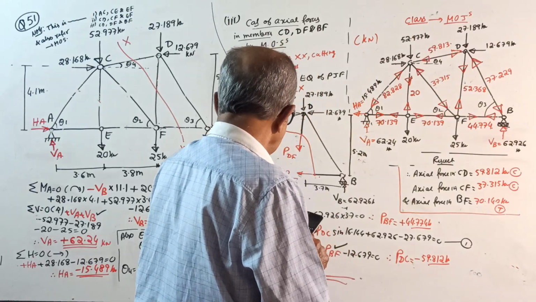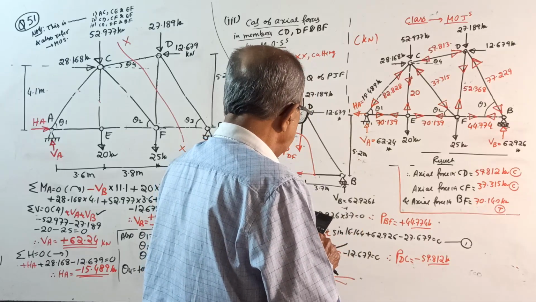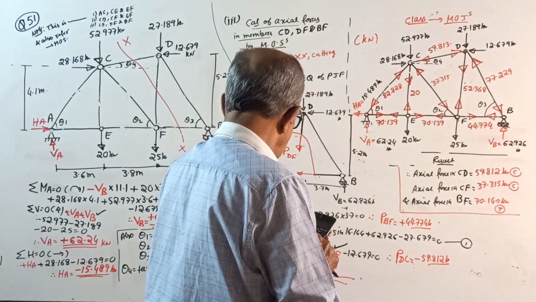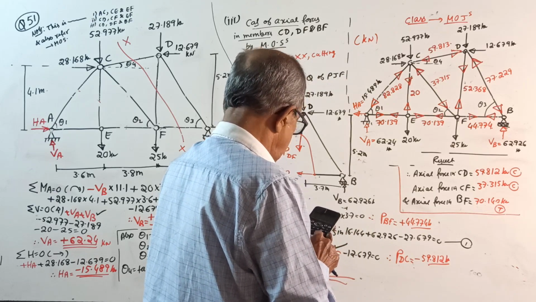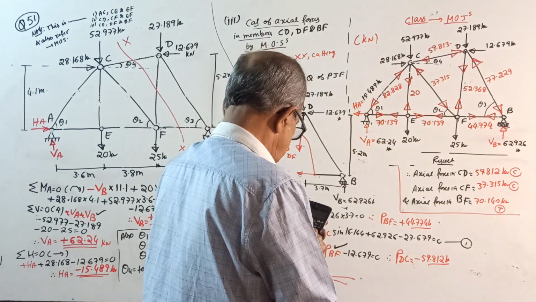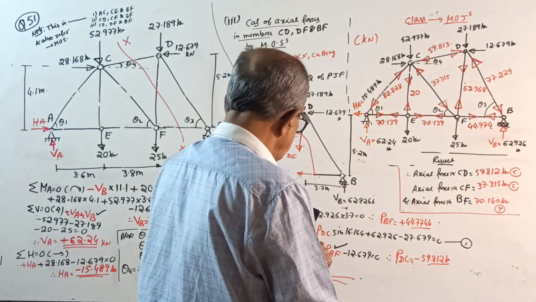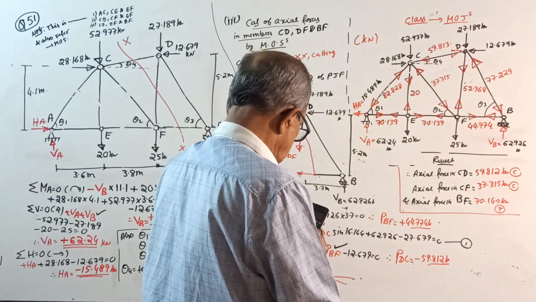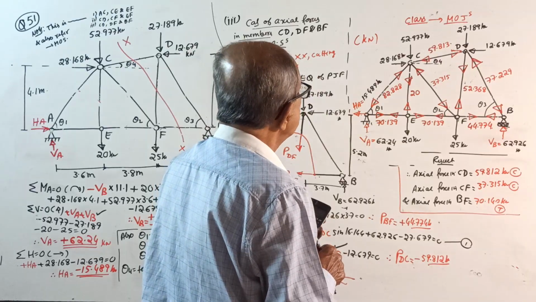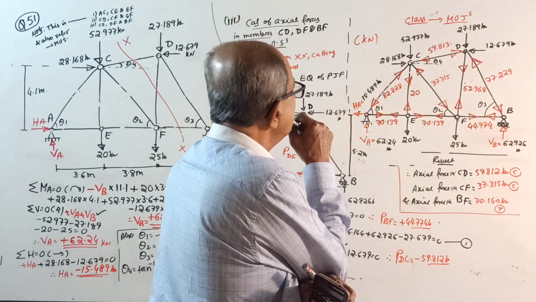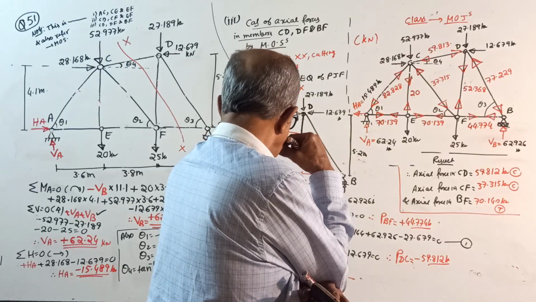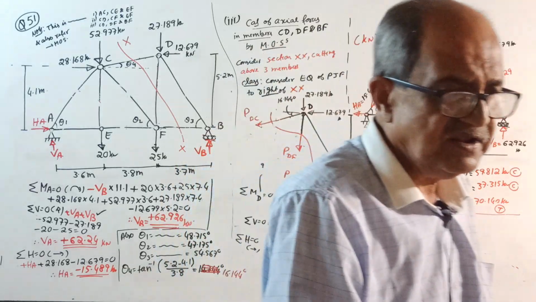What is happening? Equation 1, PDF we want: PDC minus 59.812 into sine of 16.144, that is 15 point something, plus 62.926 minus 27.679 is 51.877. But it is coming 52 point something. Where is the mistake? I'll check the mistake.